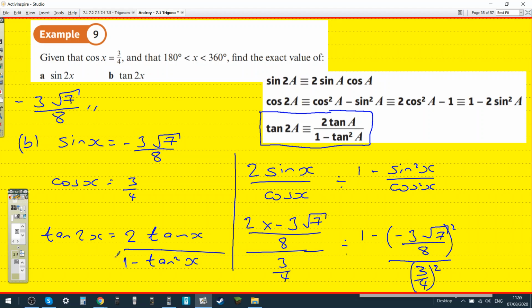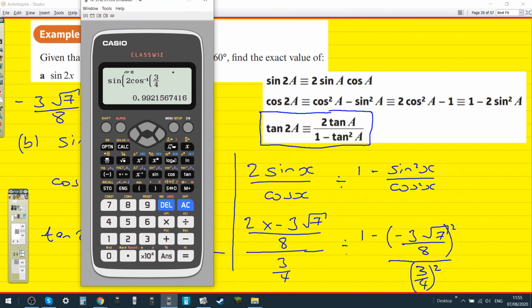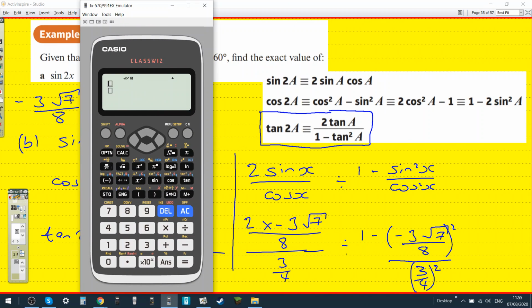There you go. Now I just put the entire thing into the calculator. Yeah, I'd probably do it in 2 halves. Over 8, over 3 over 4.